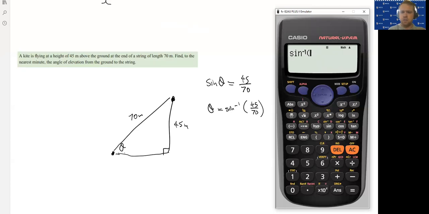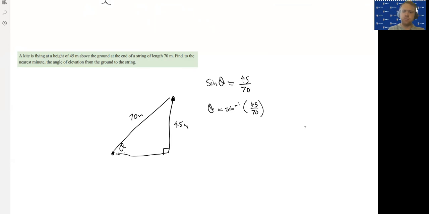We can go inverse sine 45 over 70. Make sure we put that bracket in the right spot. Okay, and we get our angle. They want it to the nearest minute. So I'm going to click that, and it's just 40 degrees and 0 minutes. That is going to be our angle that we're trying to find here.